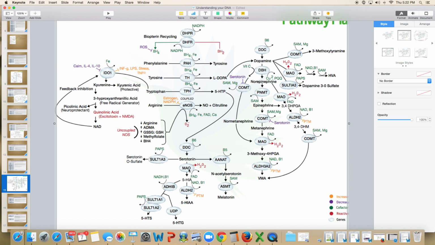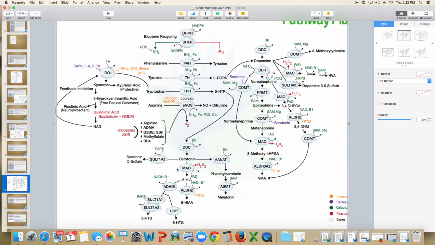So we have this enzyme called the MAO enzyme, which degrades serotonin. However, if I have a MAO defect, I can either degrade it too quickly, so that I have too little serotonin, or I could degrade it too slowly, and then I have too much serotonin. So most people with these defects have times that they have too little, and times they have too much.